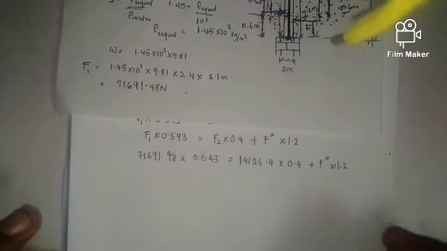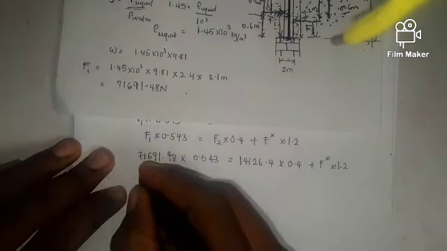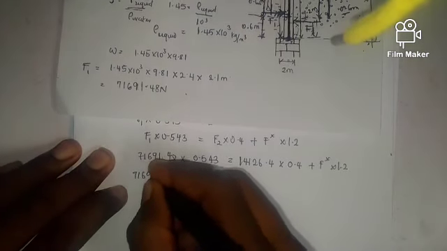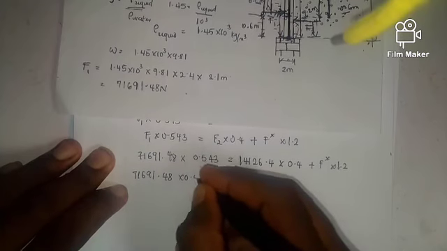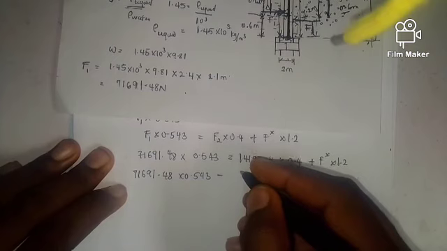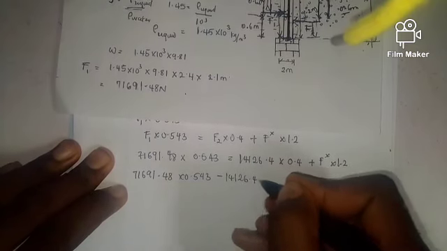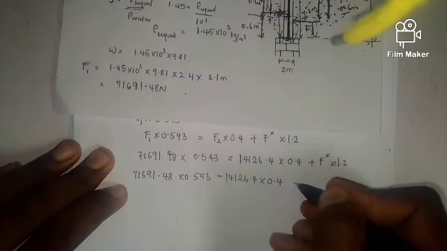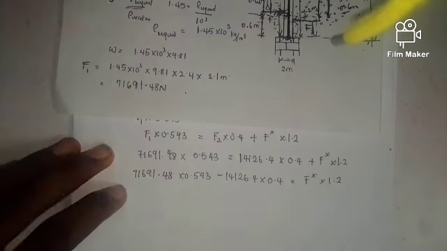So basically we're going to collect like terms. Taking this one to the other side, this is 71691.48 times 0.543 minus 14126.4 times 0.4 equals F star times 1.2.